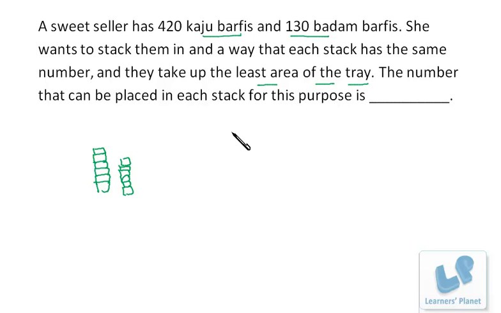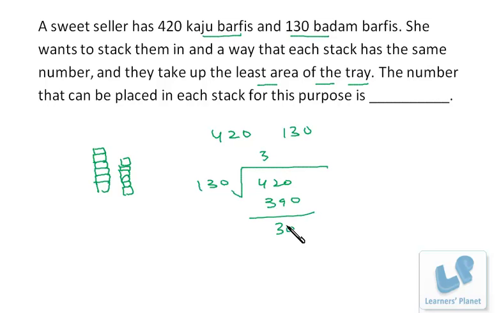Getting my point? So what we are doing over here, it's 420 and 130. We are finding their HCF, right? So you can go either way, by division method or by prime factorization method. I take division method. It's 390, then 30, it's 130. So 3 4s are 120. I get 10 as remainder.